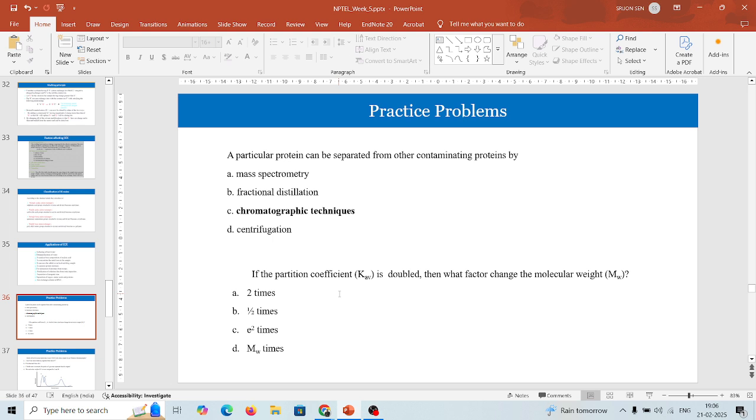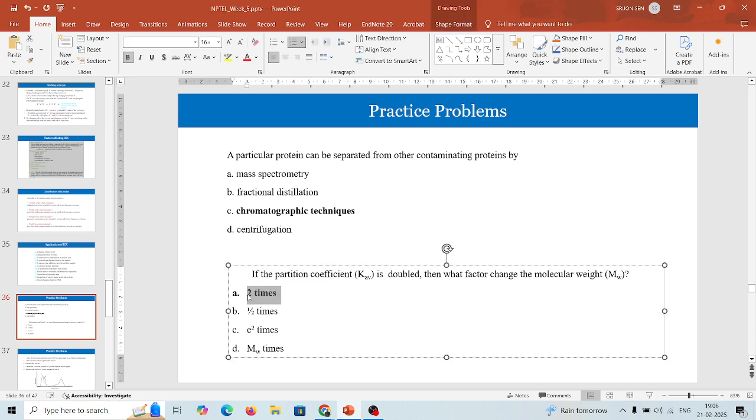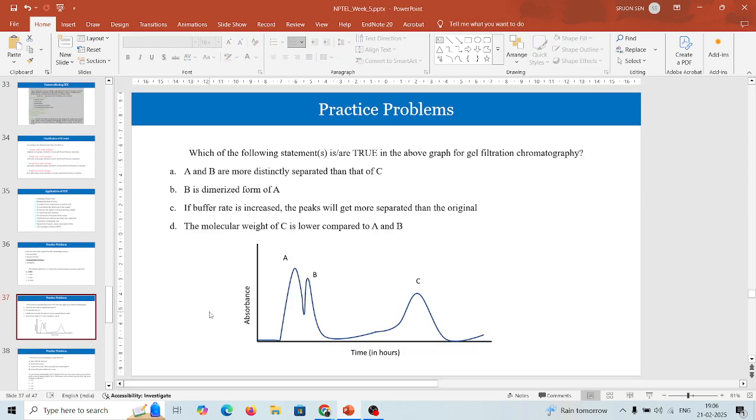So it is directly proportional to the molecular weight, right? Yes. So when it gets doubled, if it's doubled, the factor changes by 2 times. Yes, that's right. A.